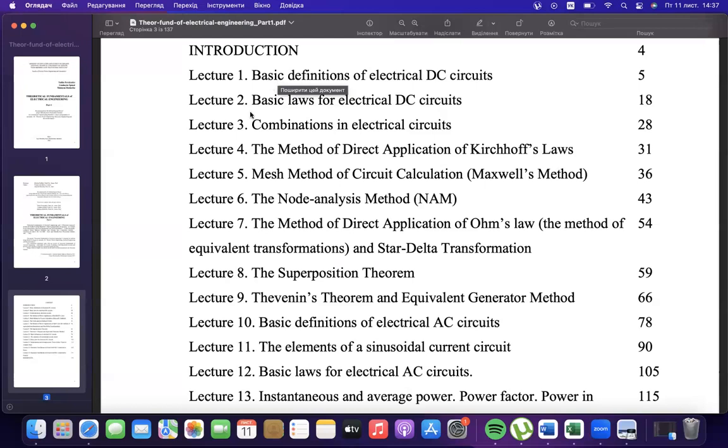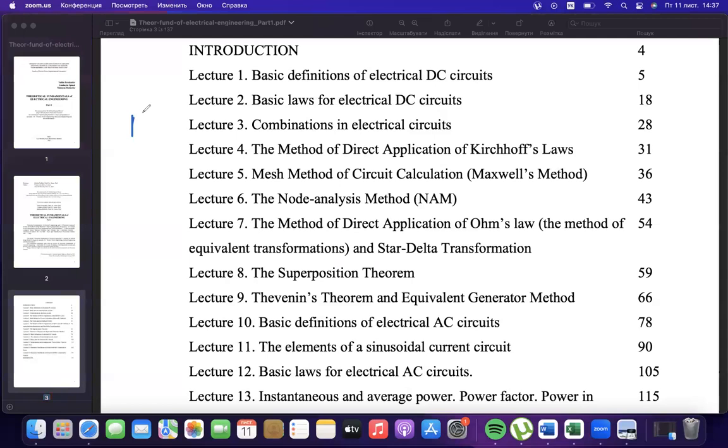Then we have combinations, equivalent transformation of resistors, how to transform resistors inside some model, inside some circuit. Also, we have the mesh current method and the node voltage method. In the first, we make a substitution of unknown variables for searching some imaginary current that we call mesh, and it is a simpler way of calculating.